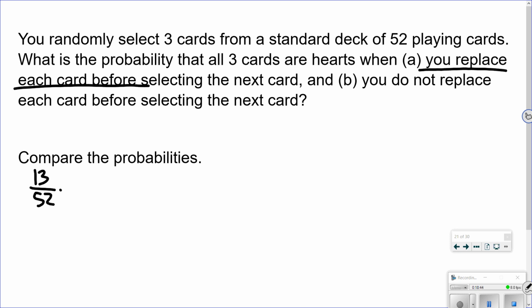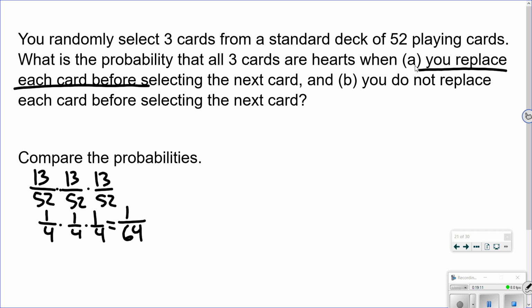When I put that one back and draw again, I'm going to have a 13 in 52 chance again. And for my third event, if I put that card back and I draw again, I'm also going to have a 13 in 52 chance. By the way, 13 over 52 reduces down to be 1/4. So really it's 1/4 times 1/4 times 1/4. So the probability of getting all 3 hearts is 1 in 64.